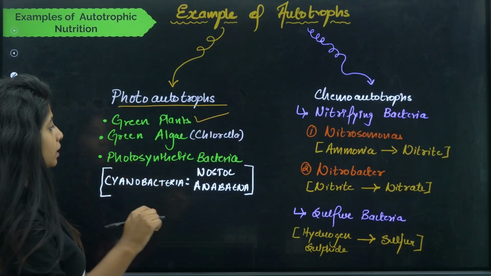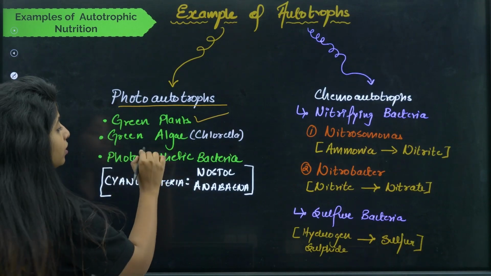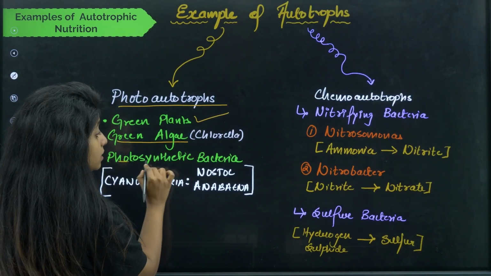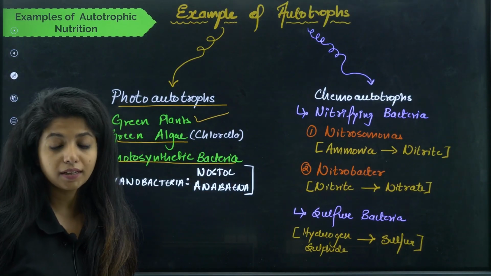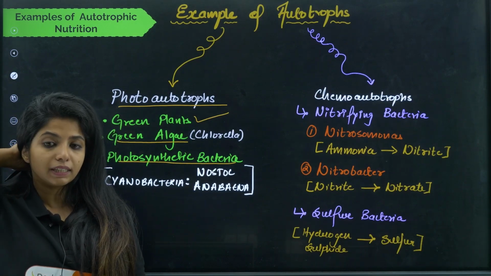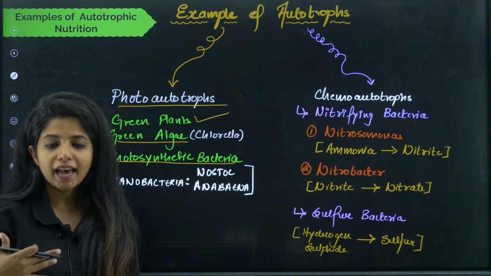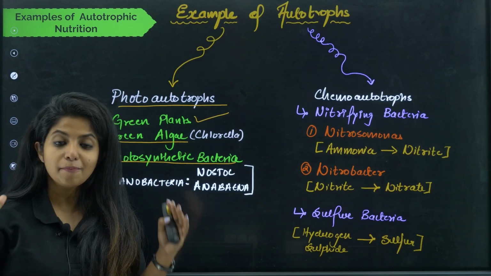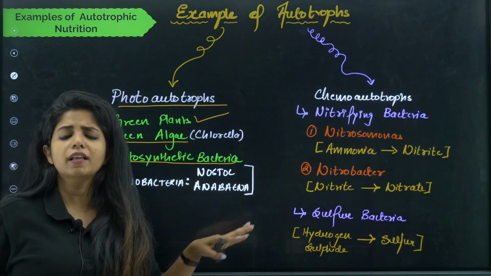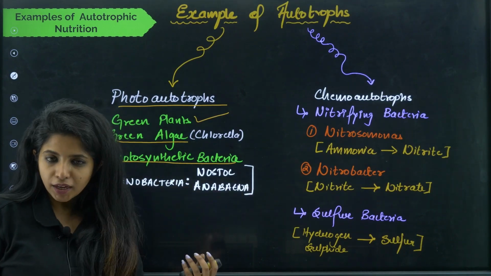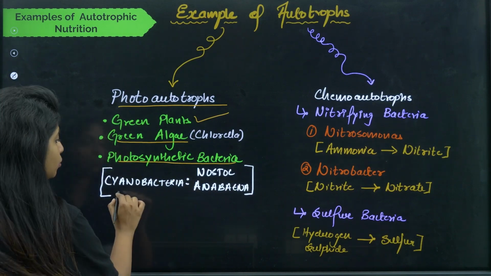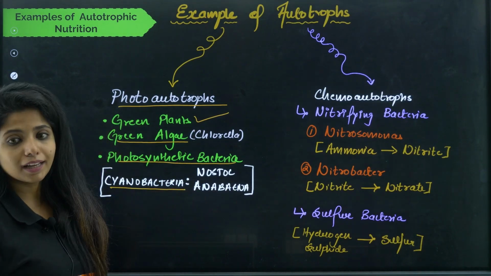You agree? Apart from green plants, you have green algae as well, and then certain bacteria which are photosynthetic. For example, you might have heard about blue-green algae. It's not actually an algae, it's a bacteria, but it spreads on the water like this, which is why you call it algae. This group of bacteria you call cyanobacteria.